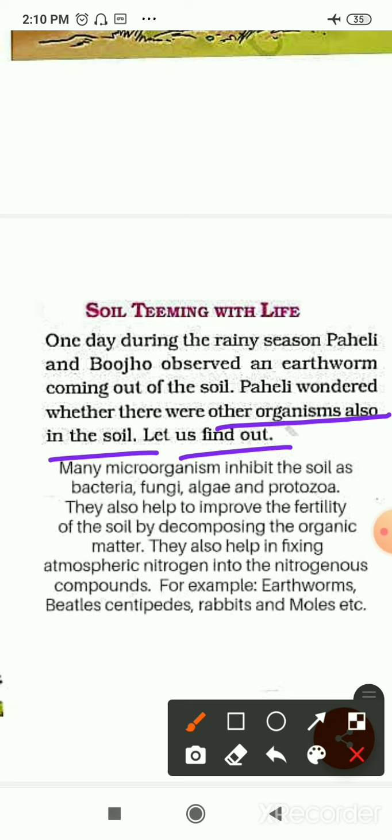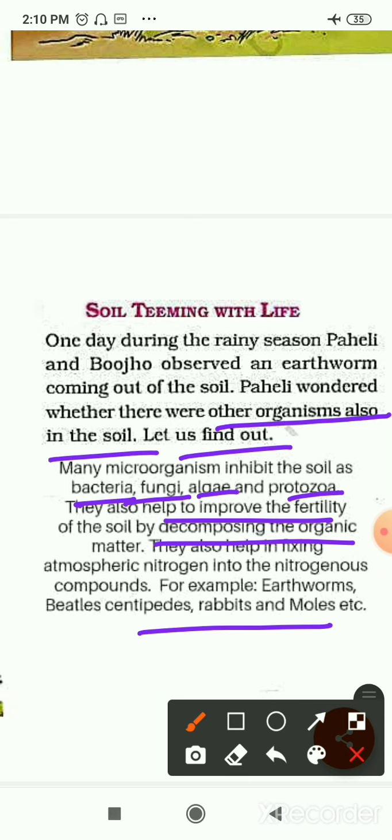And all these creatures shown here help in enriching the soil. Bacteria, algae, and protozoans help in improving the fertility of the soil.